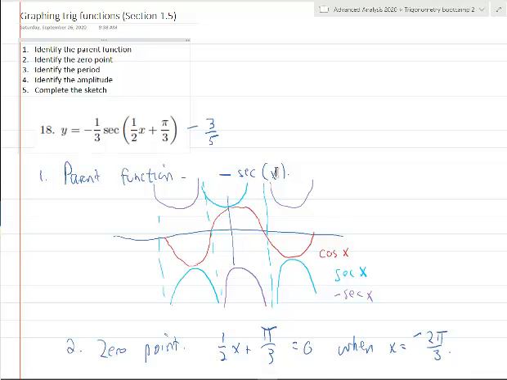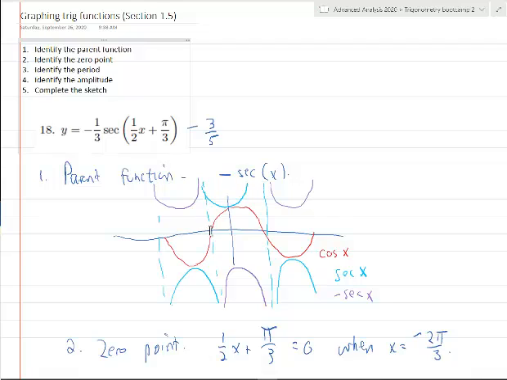Now what does minus secant of x look like? Well, remember, secant is 1 over cosine. So I draw the cosine first. Now if I take 1 over the cosine, what that means is that whenever I get 0 on my original graph, I'm going to get an asymptote on my inverse graph, on my secant graph.